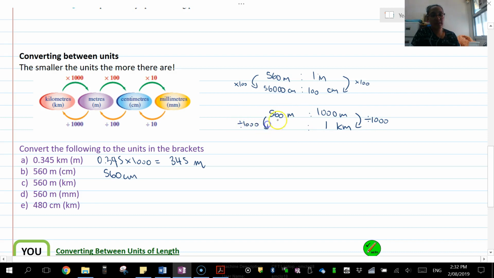Divide by 1000. Move your decimal 1, 2, 3 to the left because you're making your number smaller. I'll have a look over here just to help you out there. I'm starting in meters. I want to go to kilometers, so it tells you divide by 1000. So that one's going to be 0.560 kilometers.